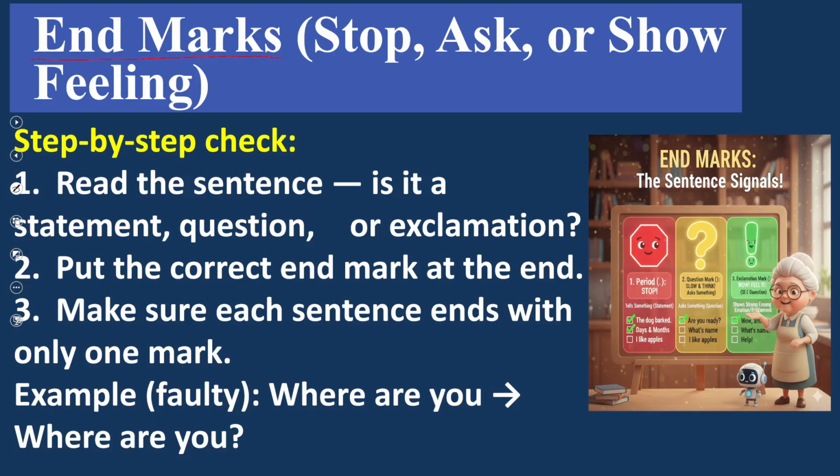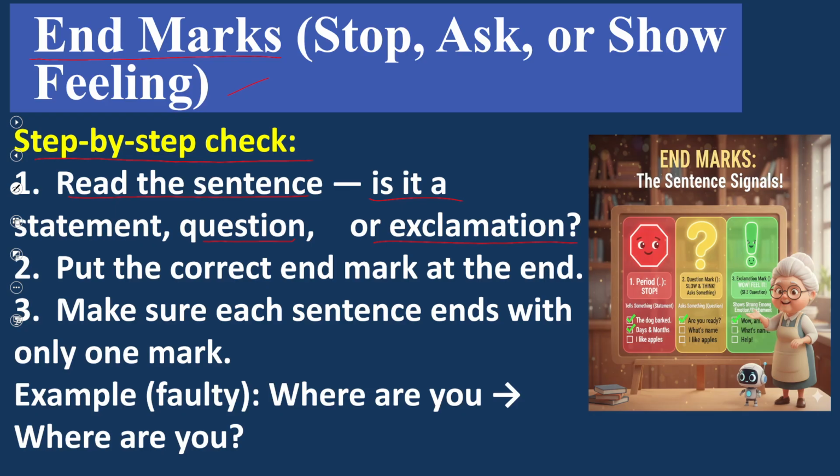First of all, stop, ask, or show feelings. First of all, step by step, check how it is. Number one, read the sentence. Is it a statement, question, or exclamation? First of all, we have to read the sentence.